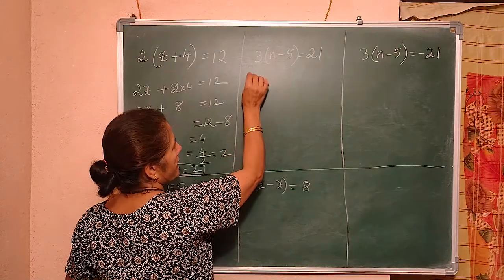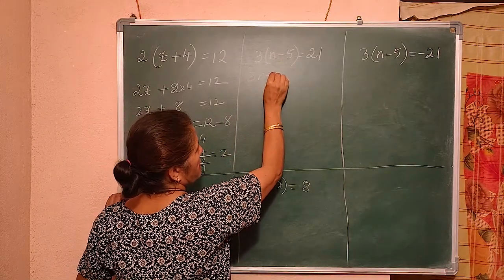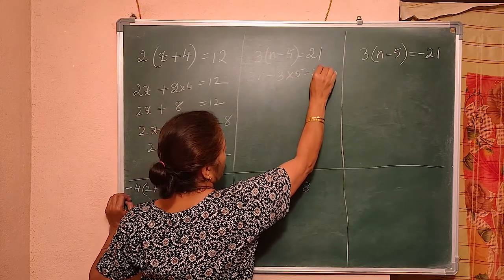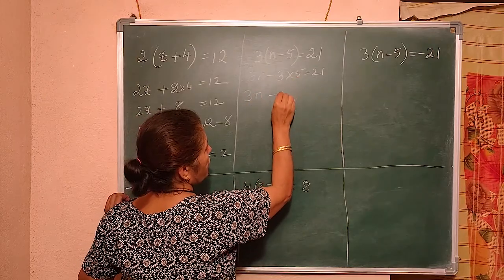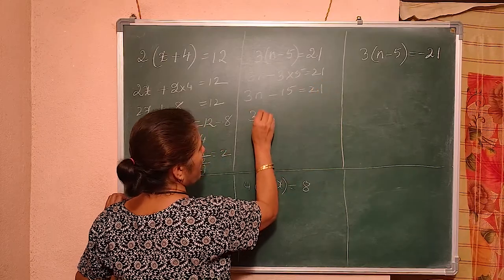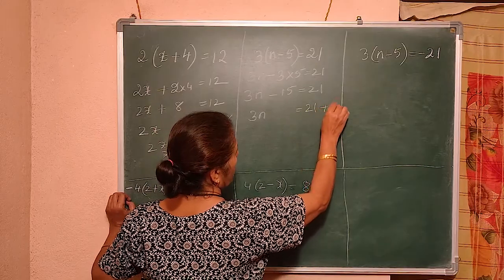Same like that, 3 into n, if there is plus sign plus, if there is minus, minus. 3 into n minus 5 is equal to 21. So 3n minus 3 5s are 15 is equal to 21. 3n is equal to 21 plus 15.